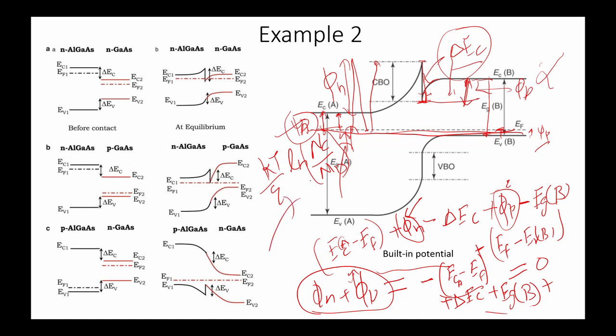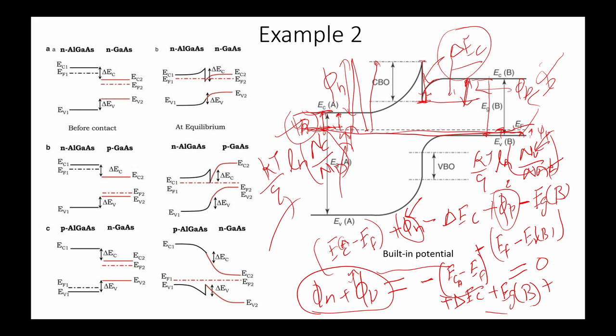So from here we can calculate the difference between these two, and the other difference can be calculated as KT by Q into ln of NV divided by NA. Na is the doping concentration, and this is the effective density of states of this material. So from here we can calculate this built-in potential. Okay, so it is not a big deal to calculate that.